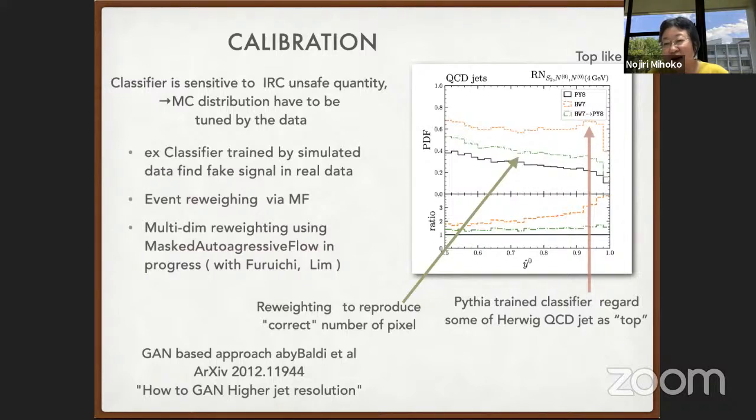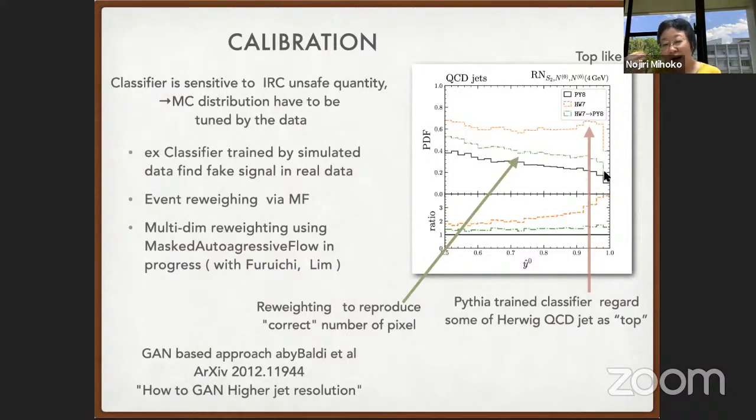So this is a kind of problem, and I have an answer to that. I can rescale the Herwig event so that this Minkowski function distribution is very close to the Pythia one, which we can do very easily by reweighting. And once I reweight this, then you don't have this peak anymore.